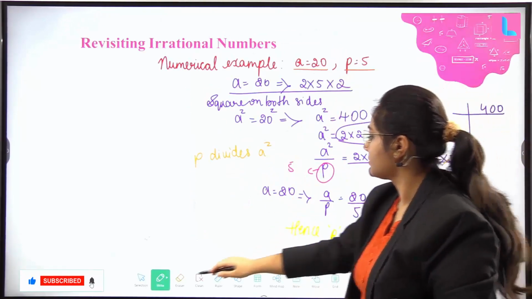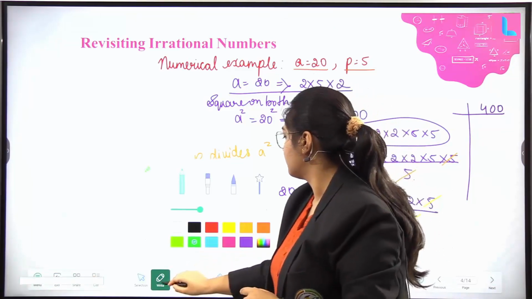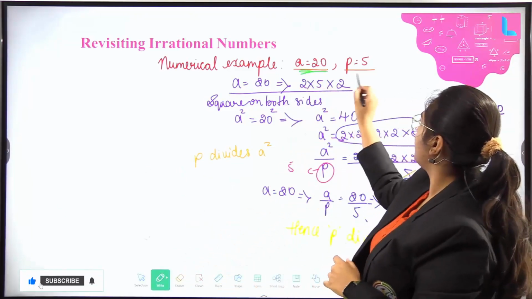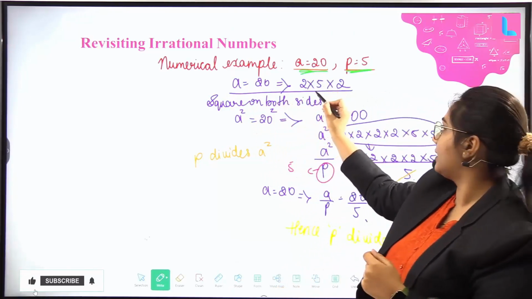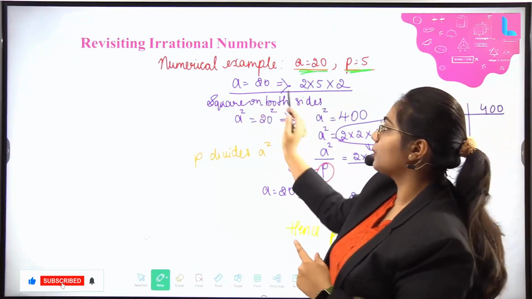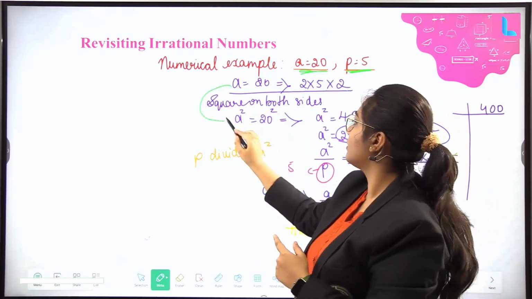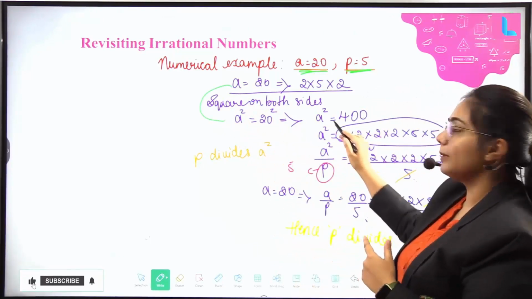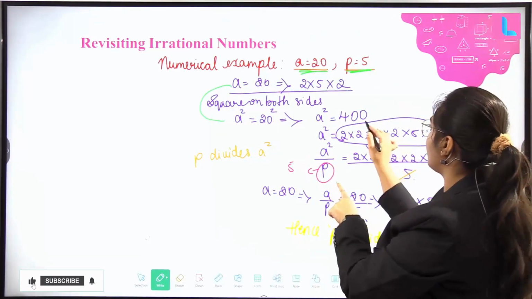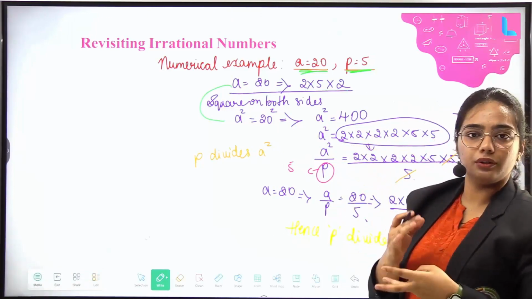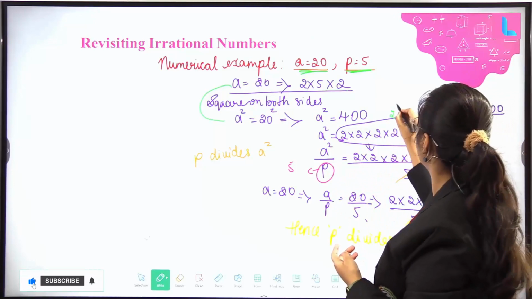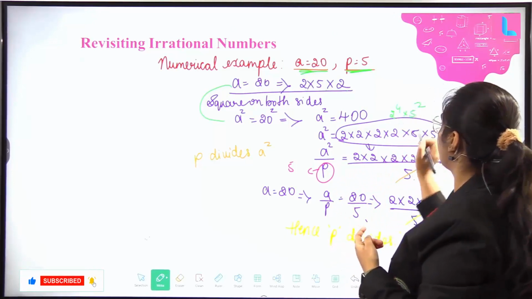A is 20 and P is 5. The first thing we did was find the factors of 20, that is 2 into 5 into 2. Then we squared it on both sides. We get A square is equal to 20 square, so A square is equal to 400. 400 can be written as 2 into 2 into 2 into 2, that is 2 power 4 into 5 square.